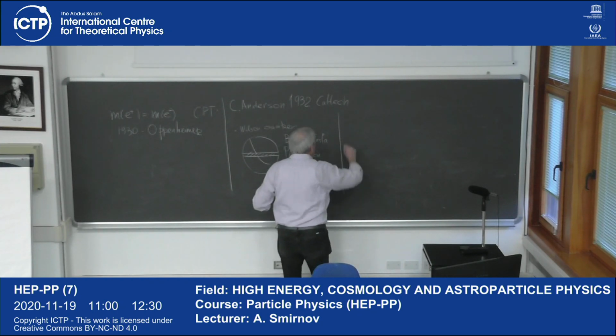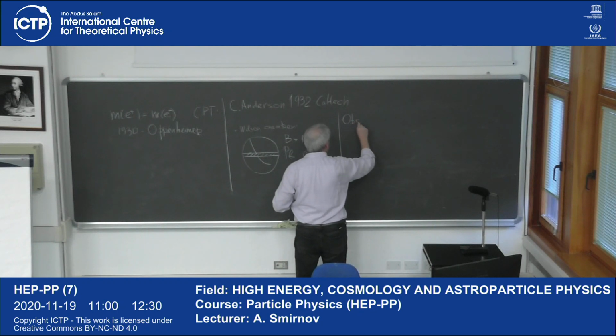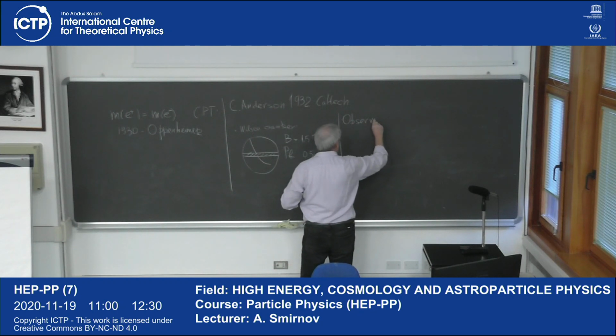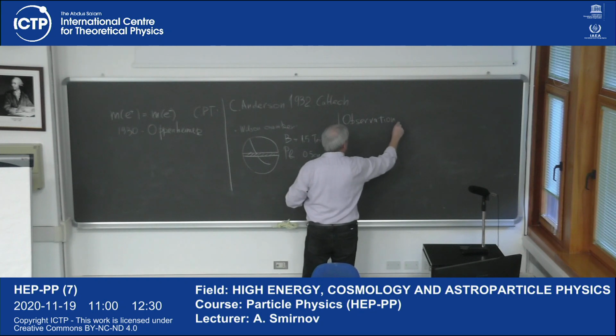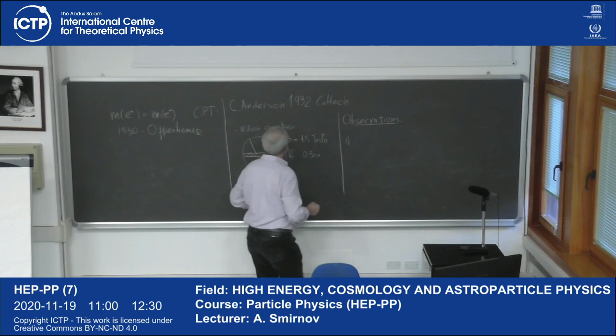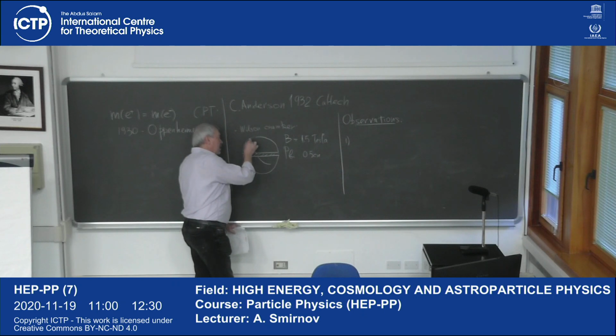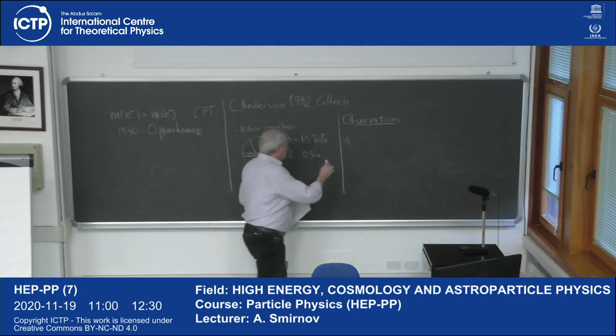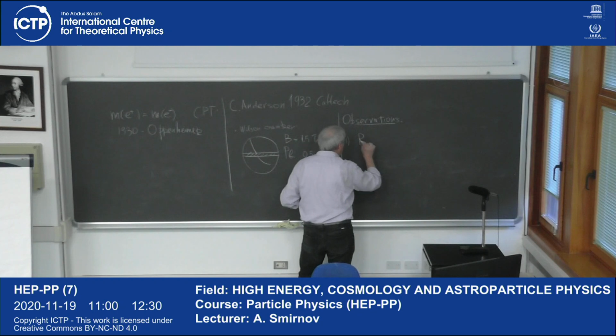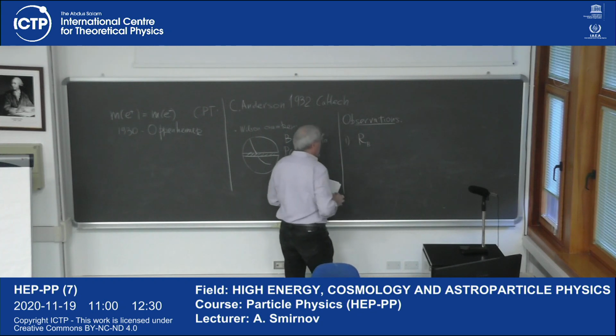So, observations. First, since there was a magnetic field, the trajectories were not straight lines, they were bending. Using the bending, you can find the Larmor radius.